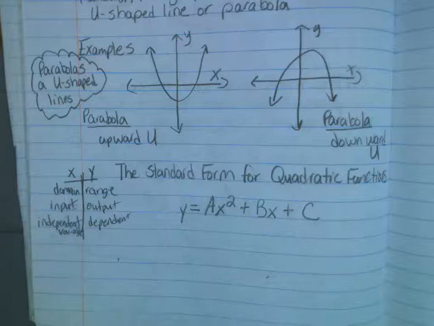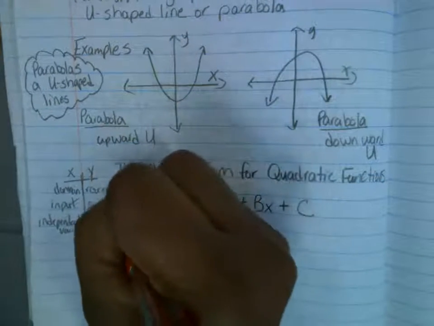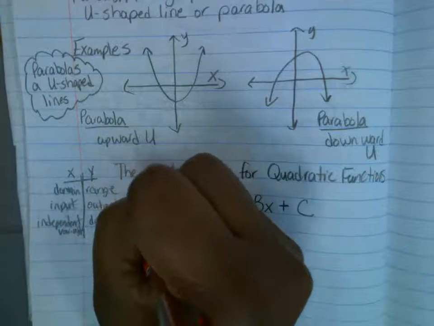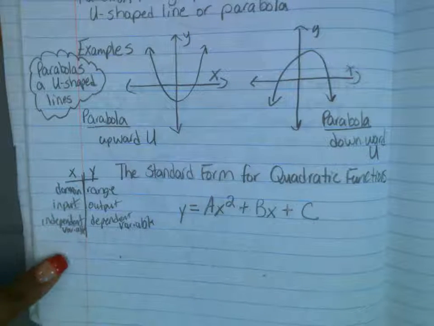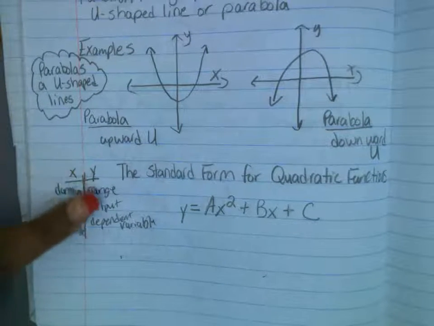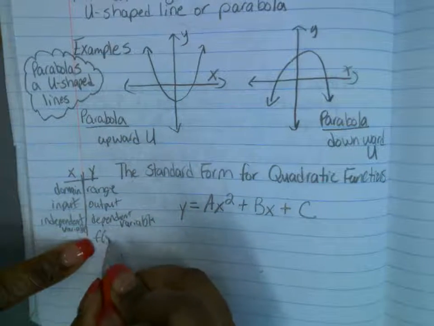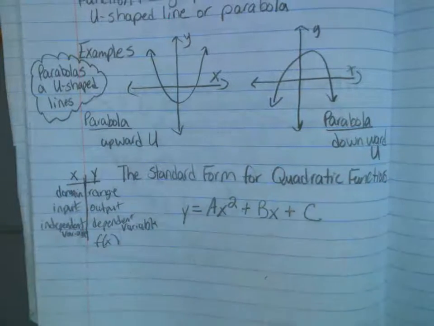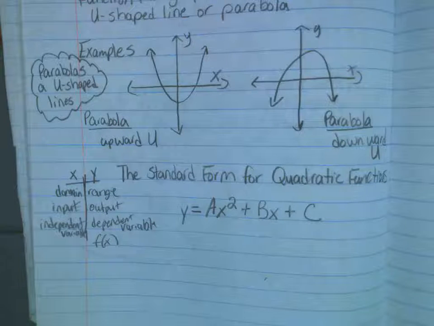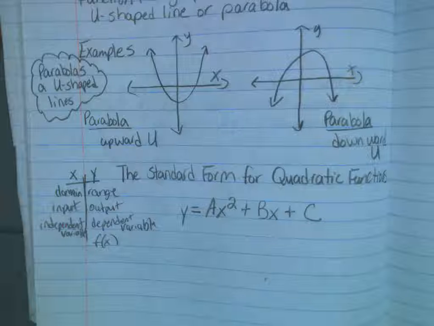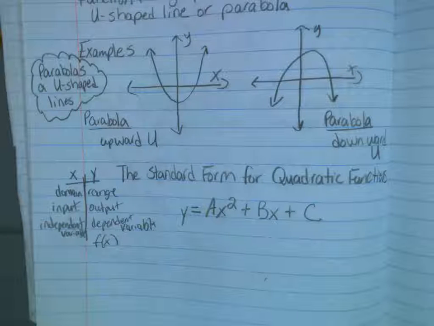So that's why y is always our dependent variable for all three: linear, exponential, and quadratic. And the last for y is f of x, okay? f of x is the same as y for linear, exponential, quadratic, for whatever function you learn about. f of x is the same as saying y. Any questions?